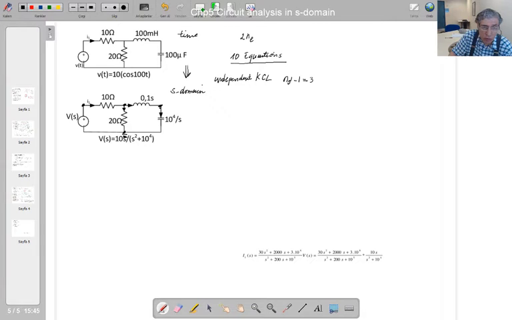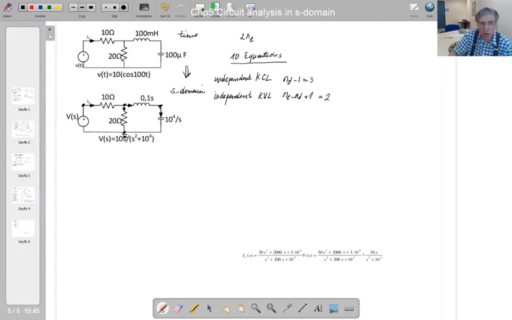And then we are going to write independent KVL equations once again. These are NE minus ND plus 1 equations. NE is 5, ND is 4. So plus 1, so 2.